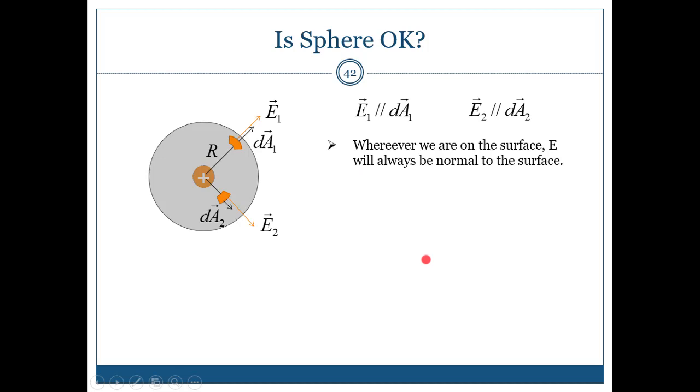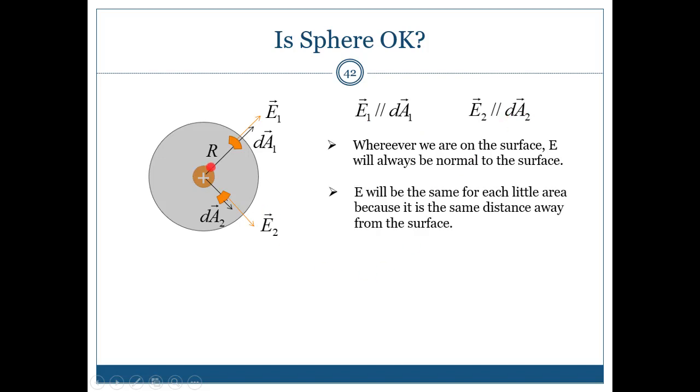So wherever I am on the surface, E is always perpendicular to the surface, which means E is always parallel to dA. Also, all these points on the sphere are the same distance from the charge. So E1, E2, whichever E I pick on the sphere's surface, it will be the same number because it's the same distance to the charge.